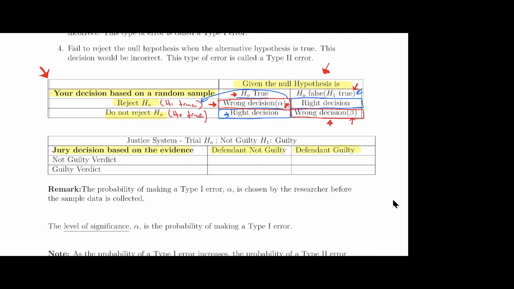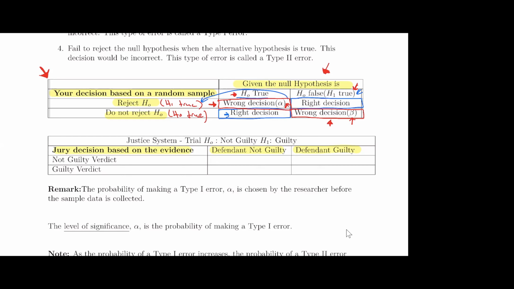So for this one, why do you think the null hypothesis is not guilty? Why is that the default position? Well, what do they say? Cool. You're innocent till proven guilty.